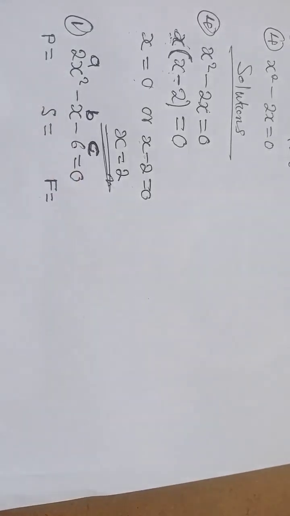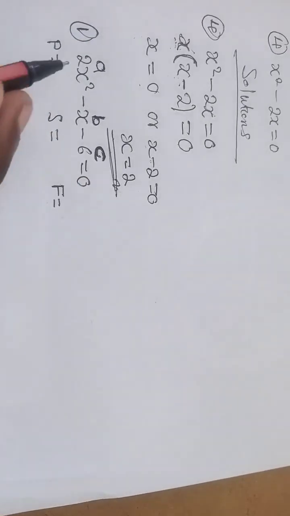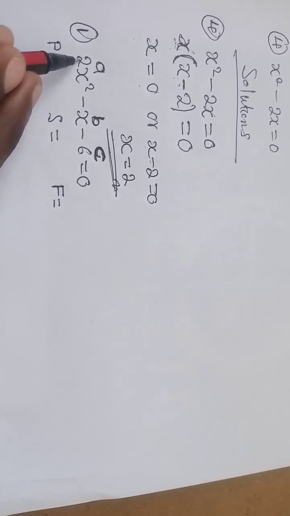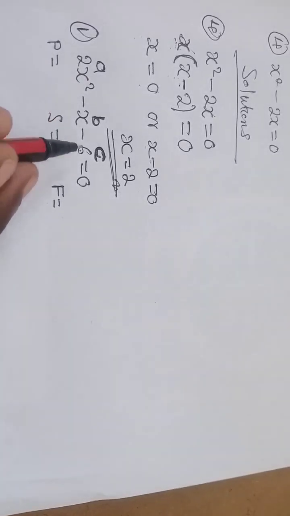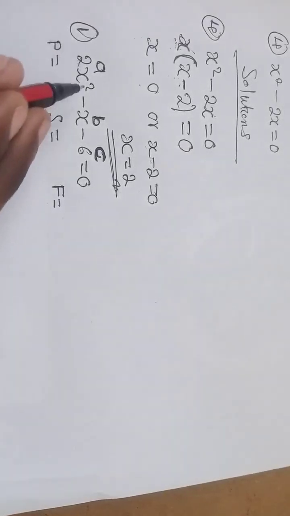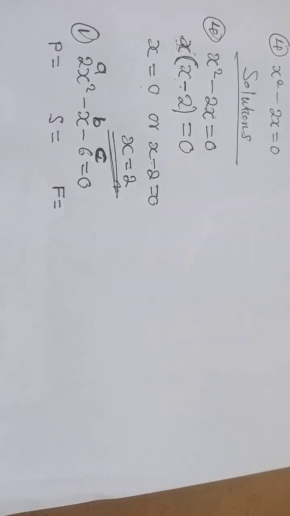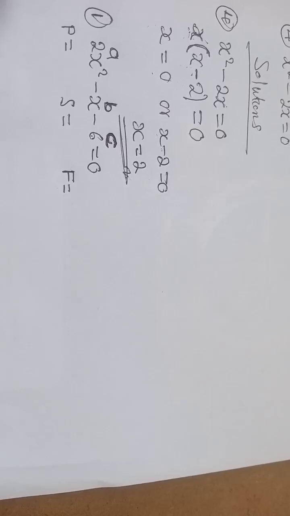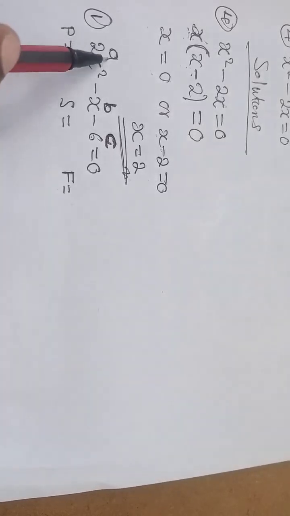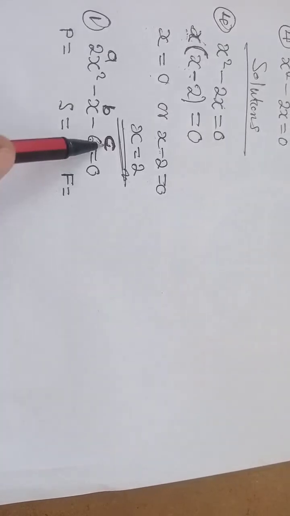And we said that if you want to find the product, we multiply the coefficient of A and the coefficient of C.